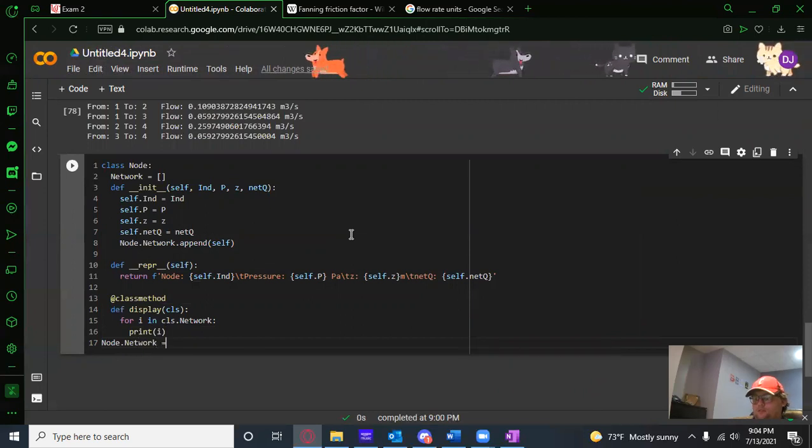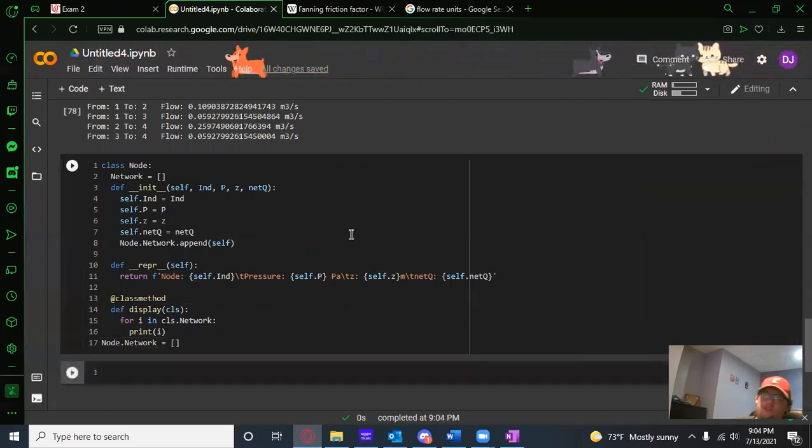And node.network, just set it to an empty list every time I redefine this, that way this doesn't build up. Now, finally.